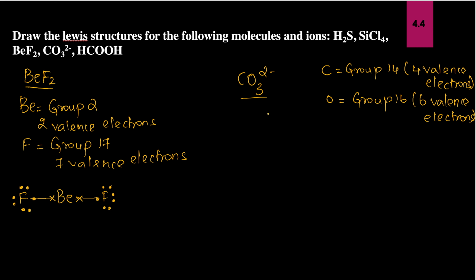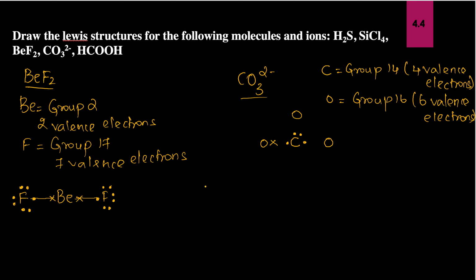Alright, now let's try to arrange. Carbon is going to be obviously in the center. You will have 4 of it around them. Now the reason why I put the arrangement like this is because I just have 3 oxygens. So I'll put 1 oxygen here, second one here, and third one here.